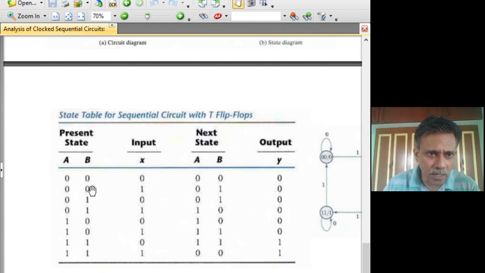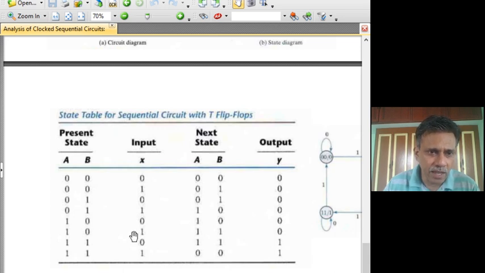So look at this one here. For these three cases, you have to just copy A. So the first three are 0, 0, 0. And here is a case when X and B are both 1. Therefore, TA is 1, and therefore A is toggled and put as 1 here.